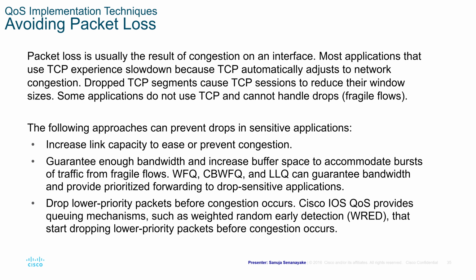They include increasing link capacity to ease or prevent congestion, guaranteeing bandwidth, and increasing buffer space to accommodate bursts of traffic from fragile flows. WFQ, CBWFQ, and LLQ can guarantee bandwidth and provide prioritized forwarding to drop-sensitive applications, as we covered previously. Drop lower priority packets before congestion occurs. Cisco IOS QoS provides queuing mechanisms such as weighted random early detection, also known as WRED, that start dropping lower priority packets before congestion occurs.